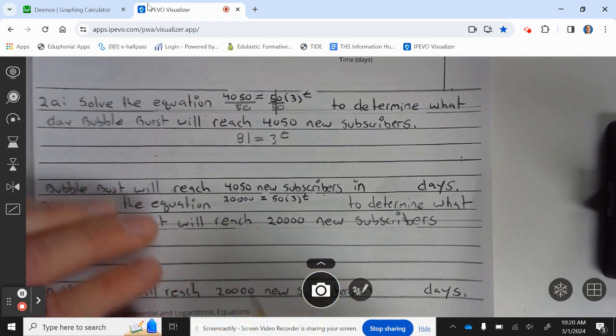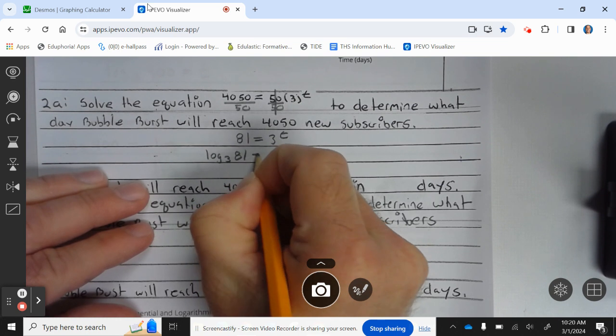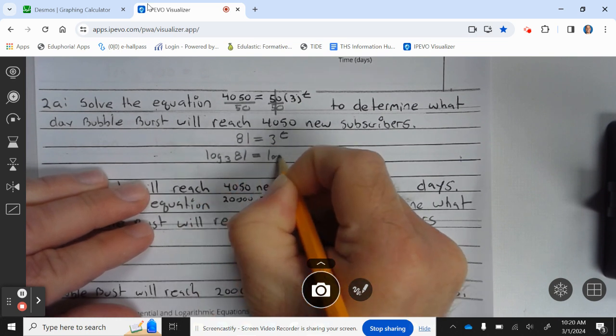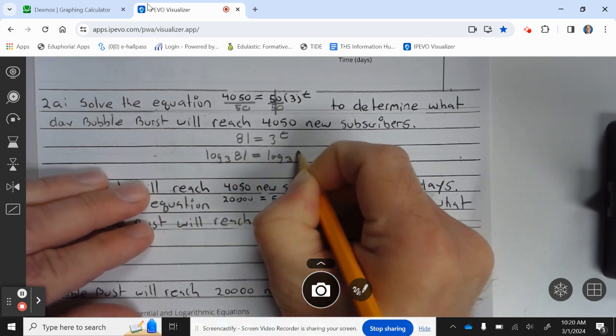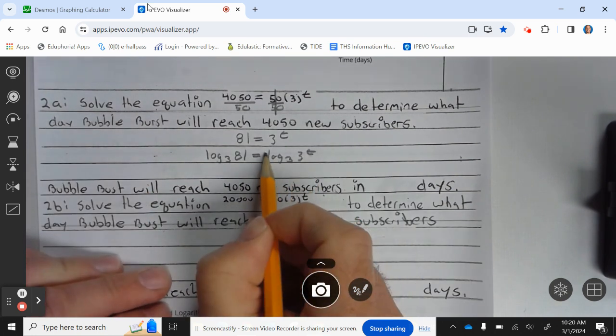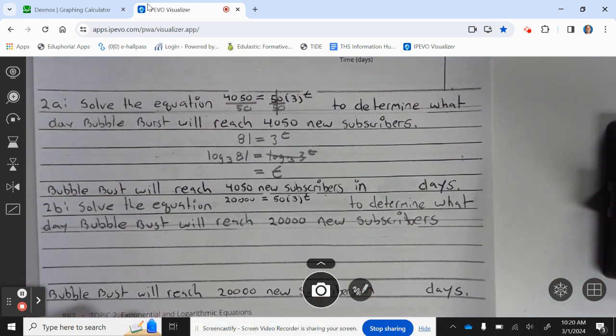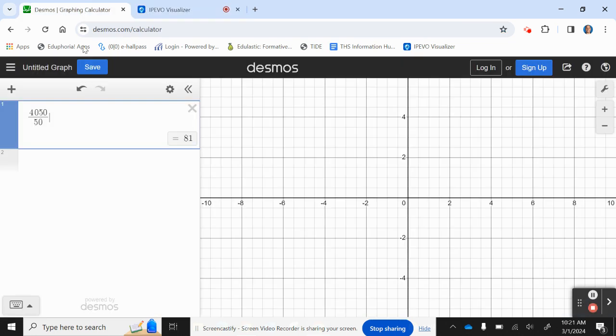Okay, to solve, we're going to take log base 3 of both sides. Now, log base 3 of 3 cancels. So you're left with t equals log base 3 of 81, which let's go ahead and get that calculation.